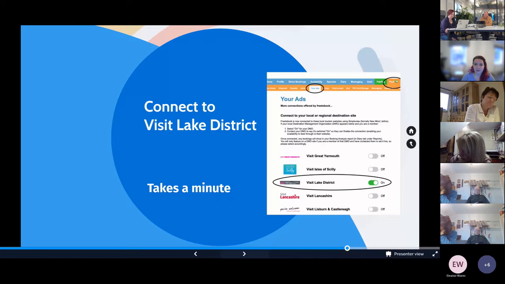So there's a reporting suite in Freetobook, as well as all the other things you'd expect a booking engine to do, like handle special offers and non-refundables, and setting up occupancies for the various rooms or property types. All of that's handled as standard.